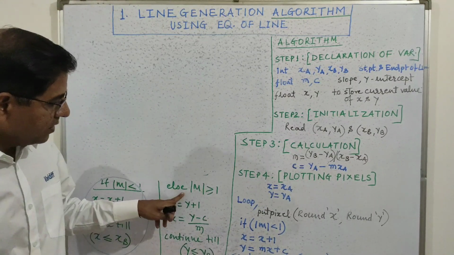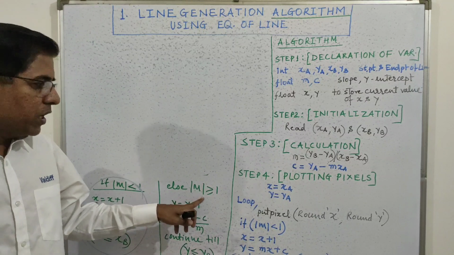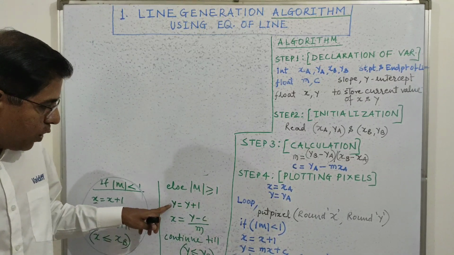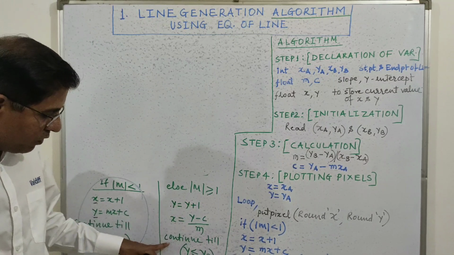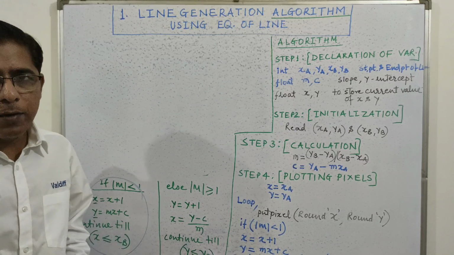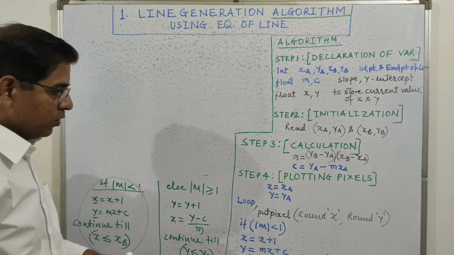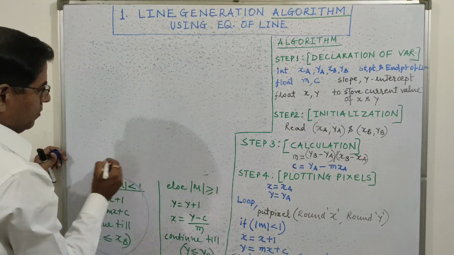The else part says, that is m is greater than or equal to 1, then the values of y and x are calculated like this, and this will continue till the value of y is less than or equal to yb. So we continue this algorithm here.